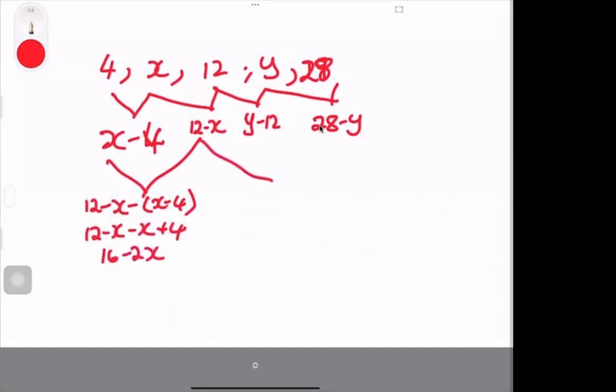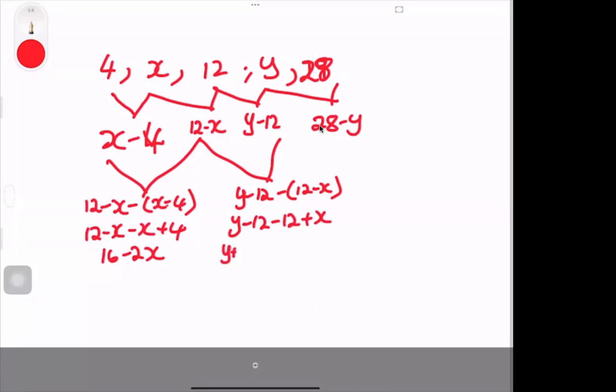And then the other second difference, y minus 12 minus into 12 minus x, y minus 12 plus x, y plus x minus 24.